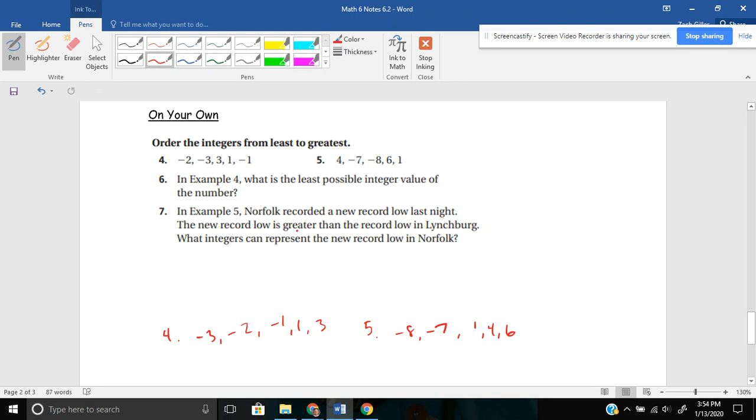For number 6, should come up with -7. And for number 7, should be the new record low. What integers can represent the new record low in Norfolk? That would be -9, -8, -7, -6, -5, and -4.